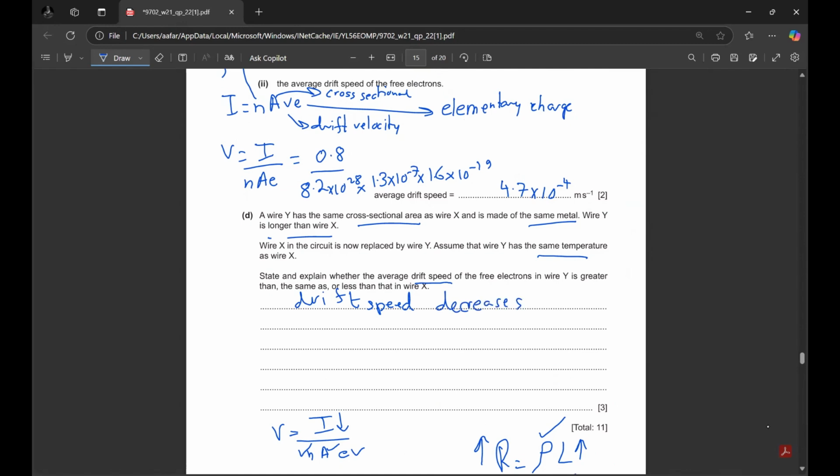Now just explain what we just proved. Since resistance increases, current decreases.